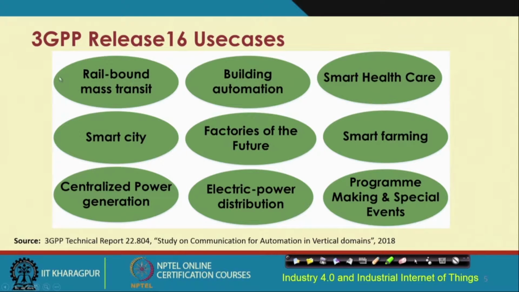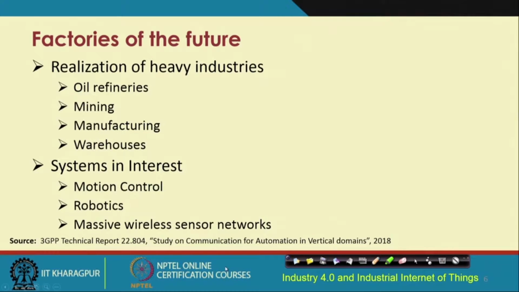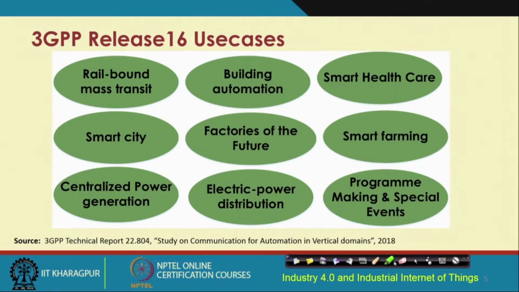The first one is support for rail bound mass transit, building automation, smart healthcare, smart city, factories of the future, smart farming, centralized power generation, electric power distribution, program making and special events. These are the different use cases that are supported by 3GPP Release 16.